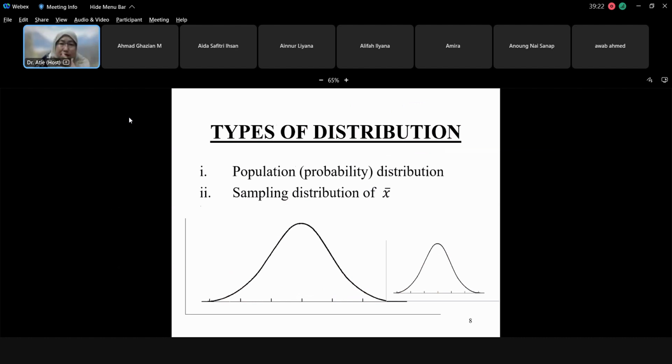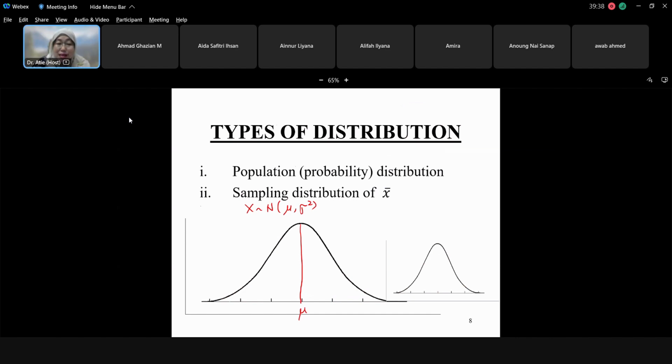This is the type of distribution. We have learned the distribution of the population, X ~ N(mu, sigma squared). The mean will be mu, the center will be mu.